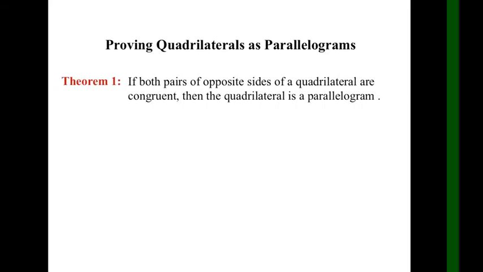Proving quadrilaterals as parallelogram. Theorem 1: if both pairs of opposite sides of a quadrilateral are congruent, then the quadrilateral is a parallelogram. So in here, the pairs are congruent.